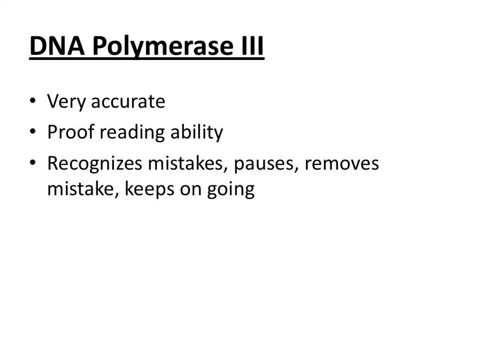The ability to remove the mistakes is part of the reason why 5' to 3' replication is necessary. That's why this new strand has to be synthesized in the 5' to 3' direction.